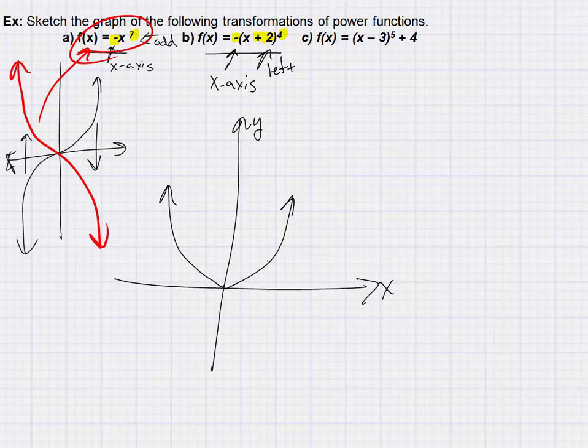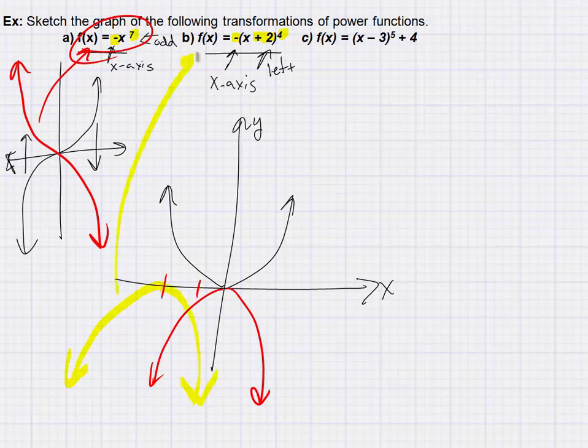If I flip first, I move it over the x-axis. That's going to put it here. And then I'm going to move it left 2 units. So that's going to put my final picture here. Okay? So that yellow picture is the final result for this function.